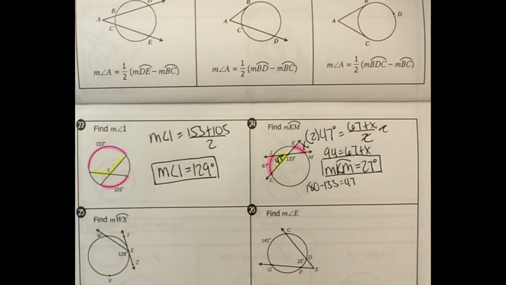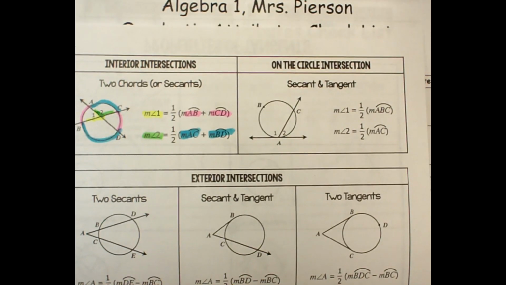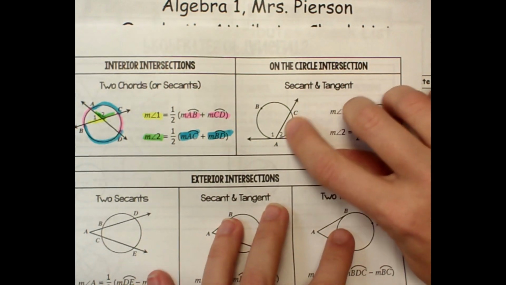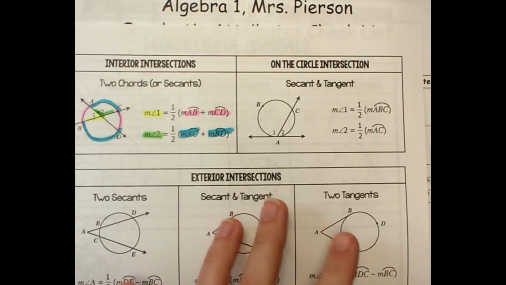We'll come back to number 25 after looking at the next example, when you have a secant or a tangent. Remember, your secant is a line that intersects twice, that's this line, and then your tangent is the one that intersects once on the outside.